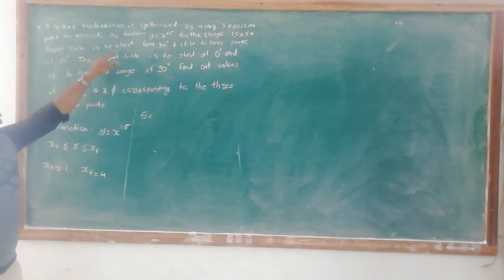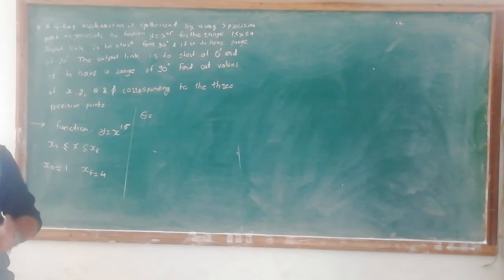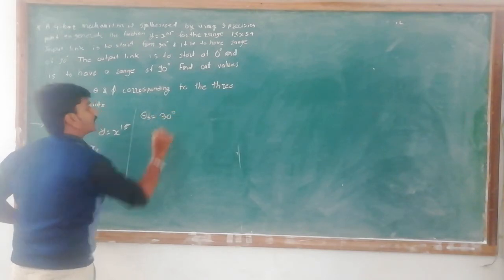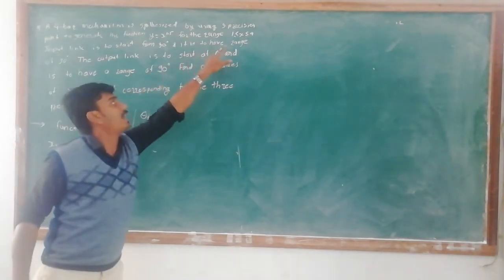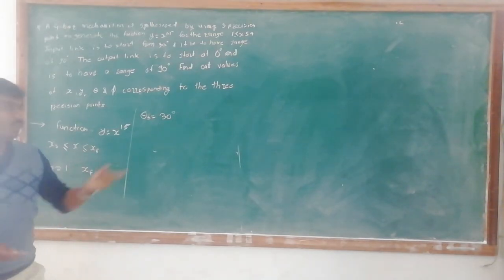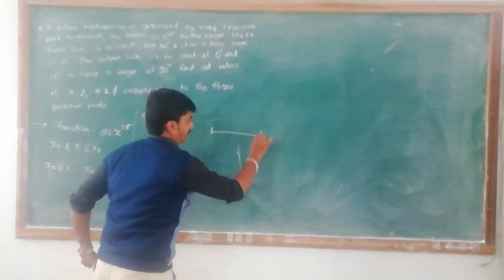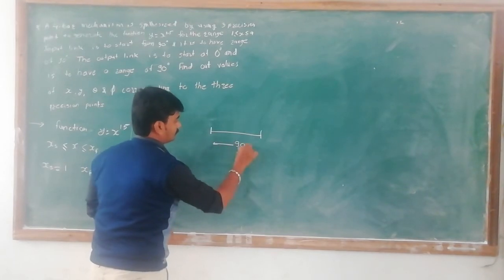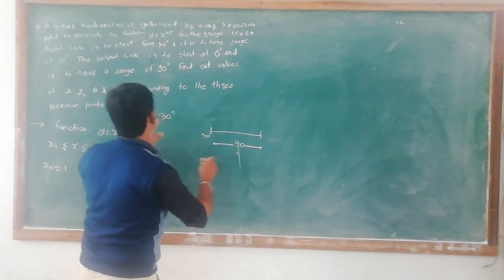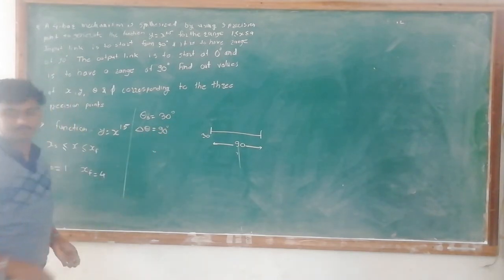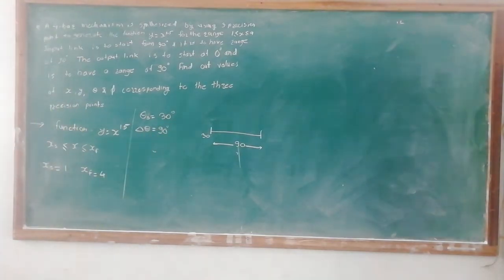The input link starts from 30 degree, so theta s is equal to 30 degree, and it has a range of 90 degree, meaning the range from starting to end is 90 degree. So delta theta is given as 90 degree.